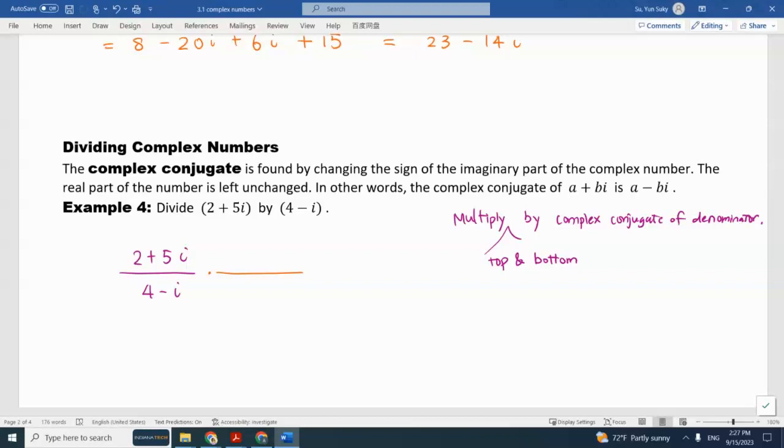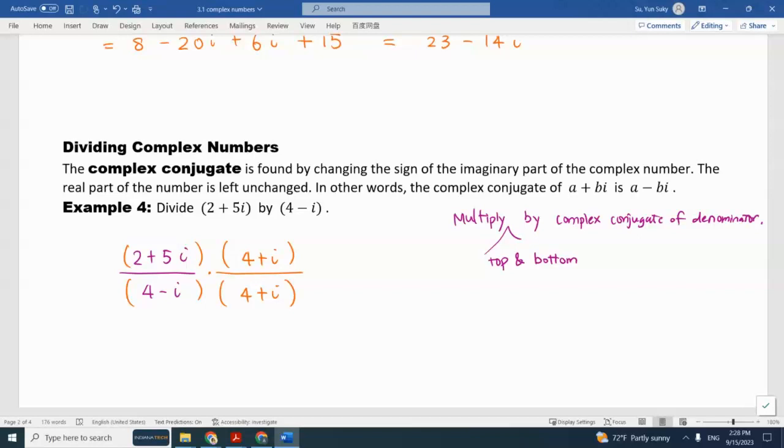What's the complex conjugate of the denominator? 4 plus i, exactly. So 4 plus i and 4 plus i. Let's put parentheses around them. The reason we want to multiply by the complex conjugate of the denominator is to get rid of the i in the denominator. We don't want to see any i in the denominator. That is our goal. Okay?